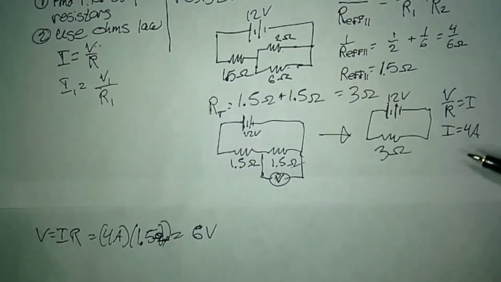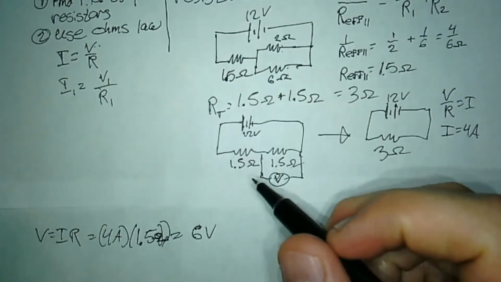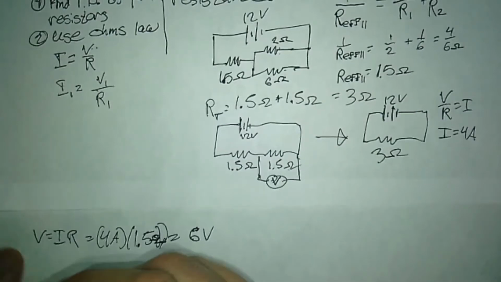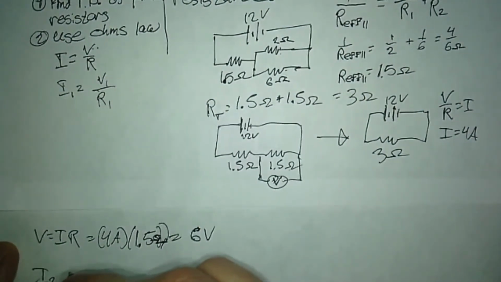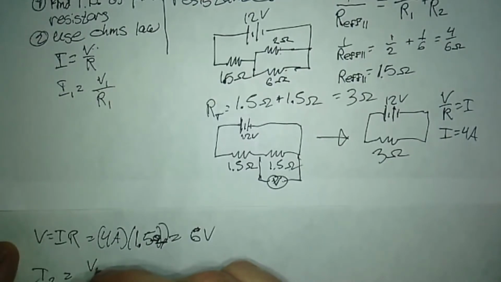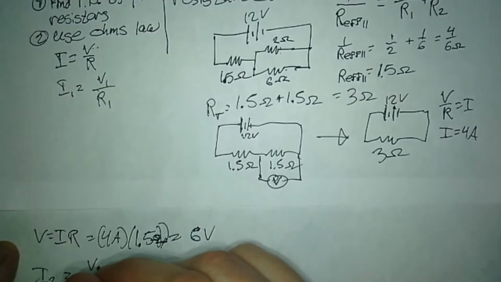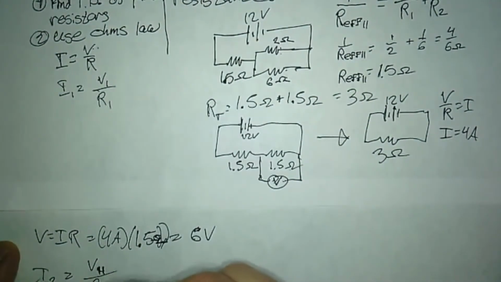So now if I want to find the current through each of these resistors, I can use Ohm's law, right? So the current through the 2 ohms, I'm going to call it I2, is going to be V parallel over R2.